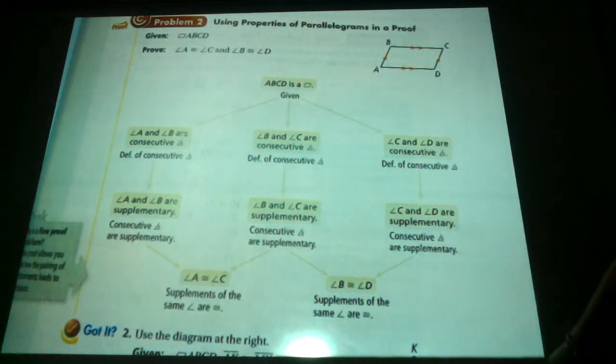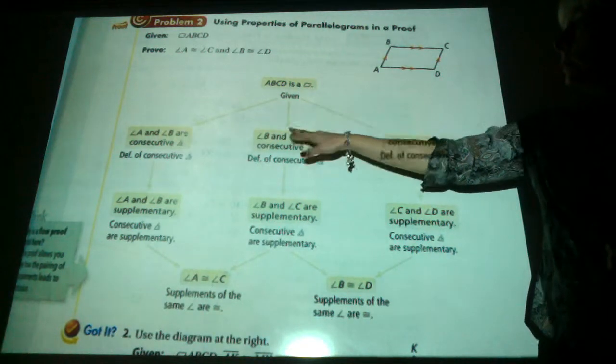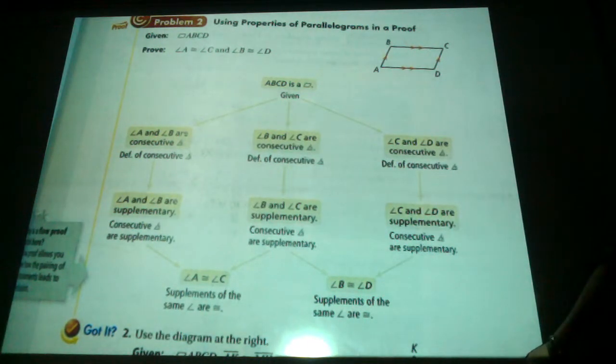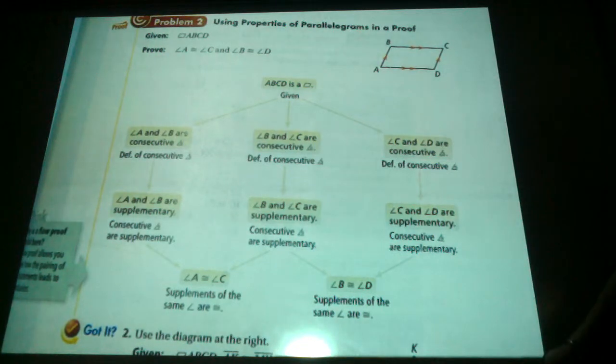Aren't those opposite angles? Well, they're proving that theorem in the proof, so we can't use that theorem in the proof. So look at what they've done. We start with what we're given. Based upon what we're given, we can use the fact that consecutive angles are supplementary. So they've said that A and B are consecutive angles and B and C are consecutive angles.